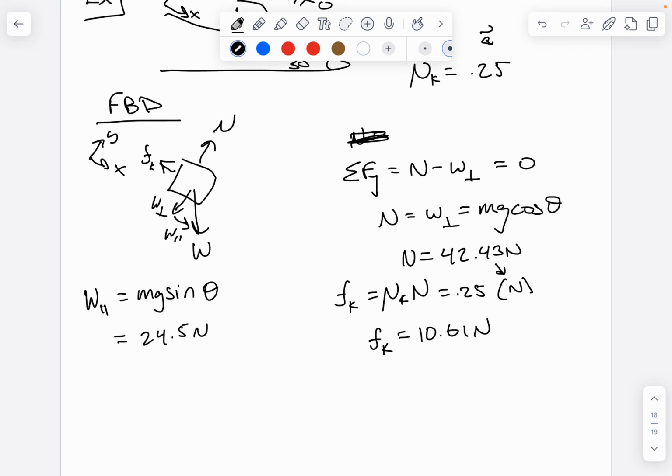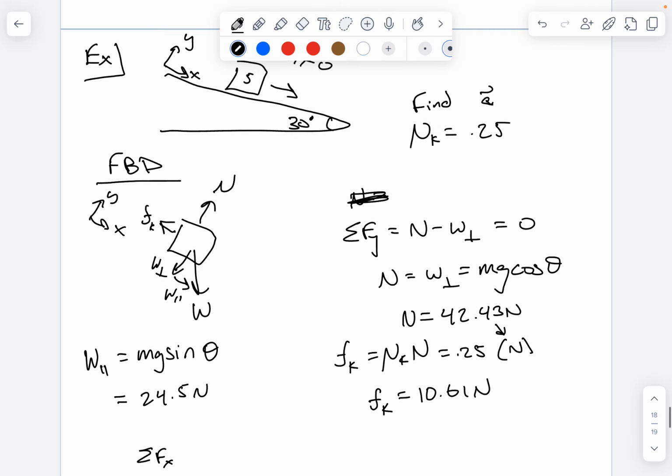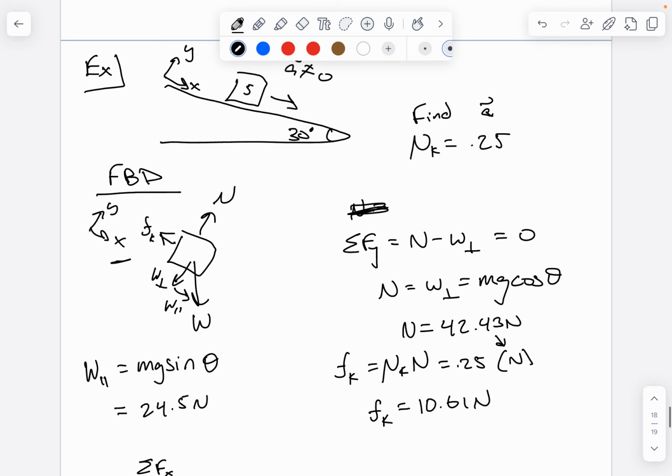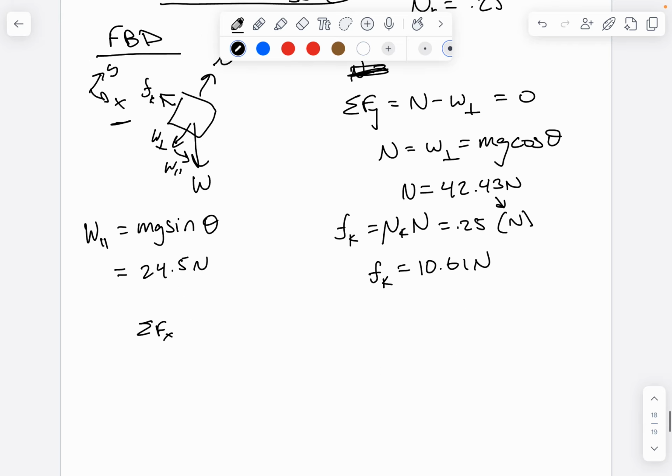All right, so now we have our force to the left, we have our force to the right. Now let's apply Newton's second law in the x direction. X direction, because of our coordinate system, is the only direction that has acceleration. So the sum of forces in the x direction is equal to mass times acceleration.